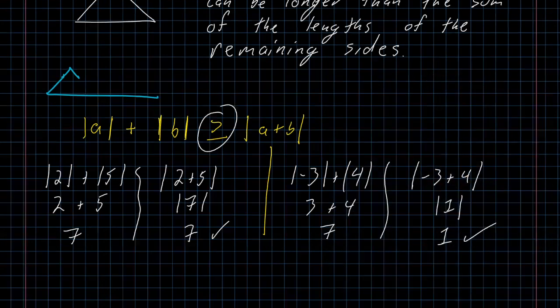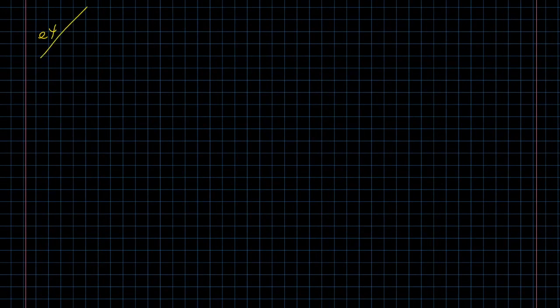All right. All of that out of the way, it's time to start solving some absolute value equations. So let's say that we have the absolute value of 3x plus 4 equals 7.